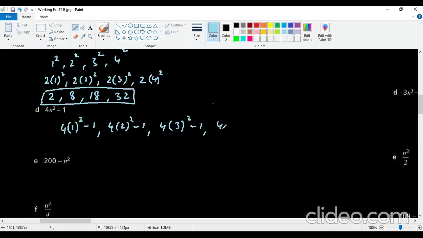So this is going to give you 4 times 1 is 4 minus 1, and 4 times 4 is 16 minus 1, and 4 times 9 is 36 minus 1. 4 square is 16. 16 times 4 is 64. 64 minus 1. So first number is going to be 3, second number is going to be 15, third number is going to be 35, and fourth number is going to be 63.